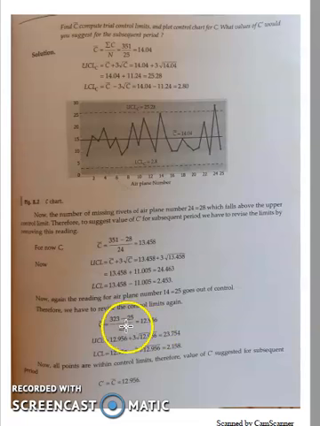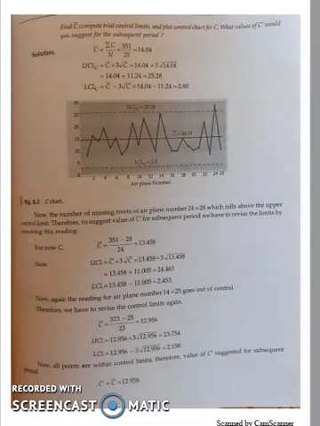Then you have to go for a new c-bar by eliminating the missing rivets of aeroplane numbers 24 and 25, and again calculate new upper control limits and lower control limits, and again see whether the process is in control or not.